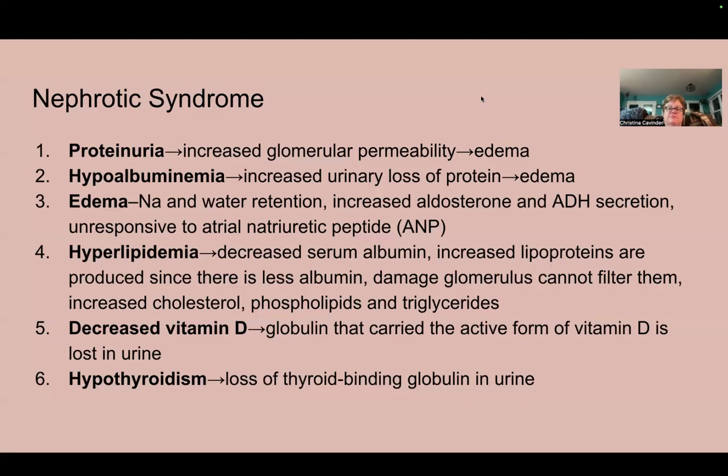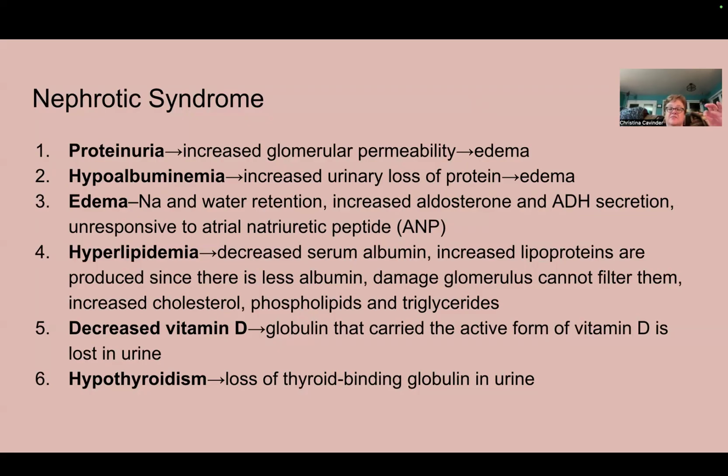Nephrotic syndrome. What happens with nephrotic syndrome is that the glomerular permeability increases. So protein is lost into the urine. So typically, proteins are too big to cross that barrier between the glomerulus and the Bowman's capsule.